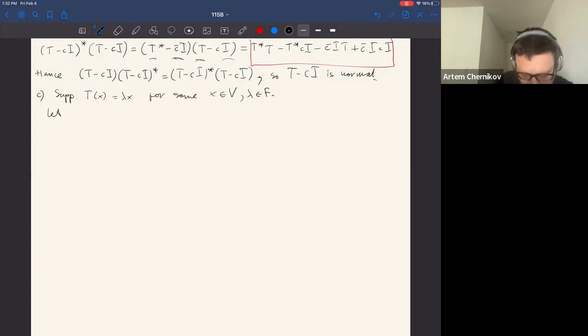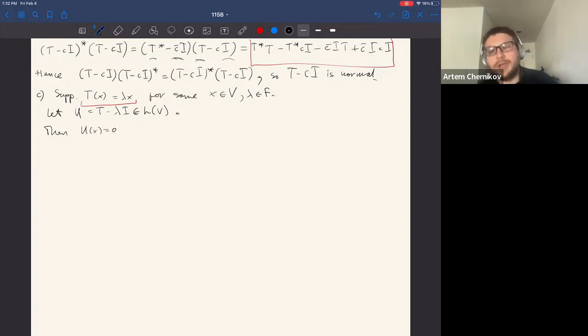So let us write U to denote this expression T minus lambda I. So this is a linear operator again, right? Then because we have that this is an eigenvector, we have this equality. So what we get is that U of x is equal to 0.